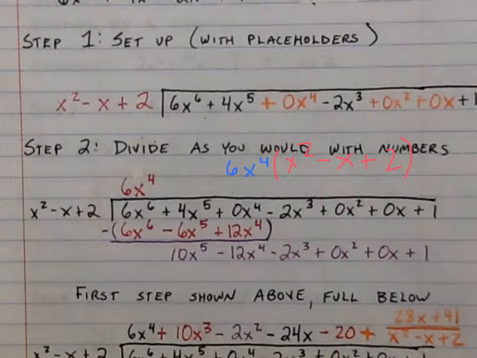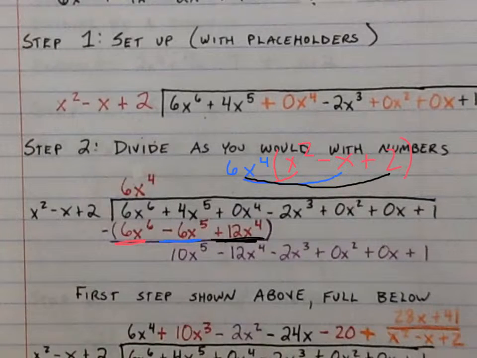And I'll write that value, whatever it is, down here. 6x to the 4th times x squared is 6x to the 6th. 6x to the 4th times negative x is negative 6x to the 5th. And then finally, 6x to the 4th times 2 is 12x to the 4th.